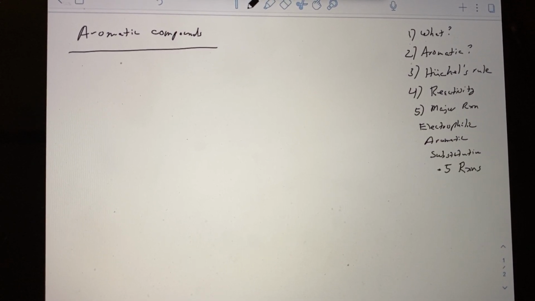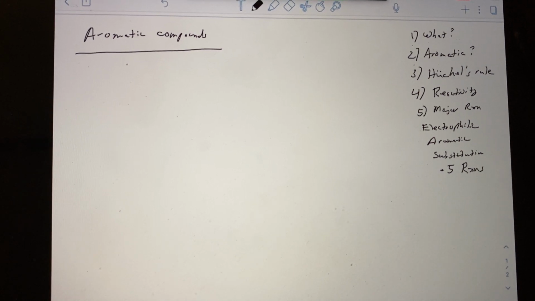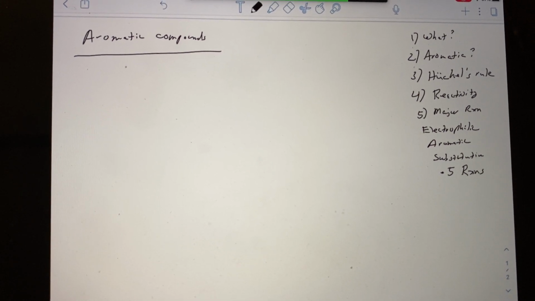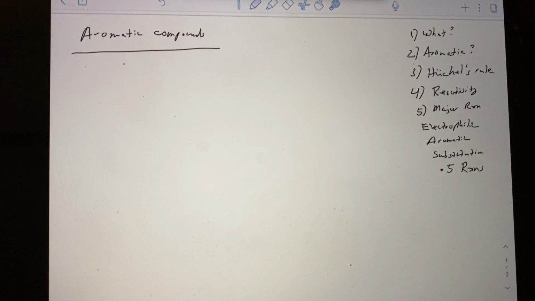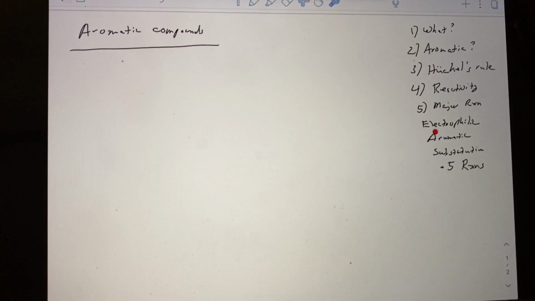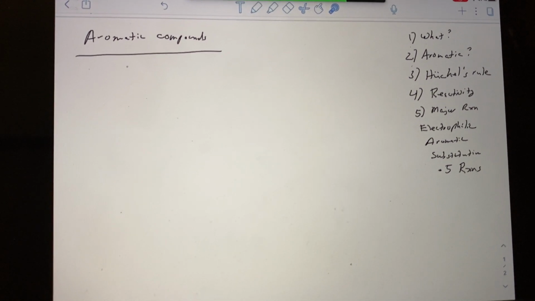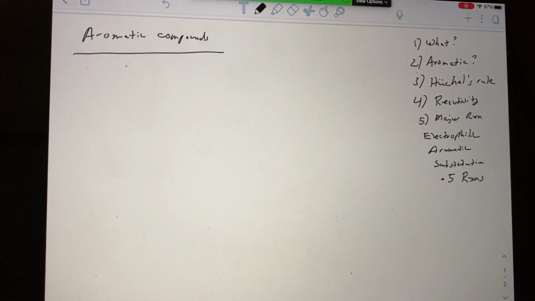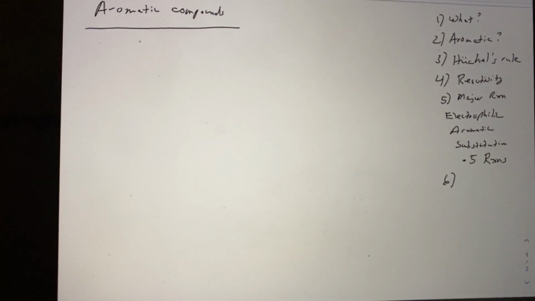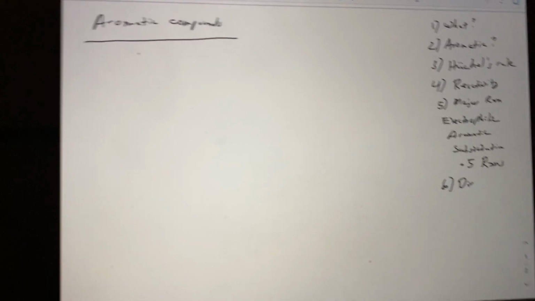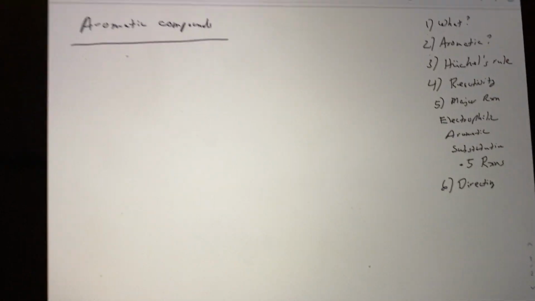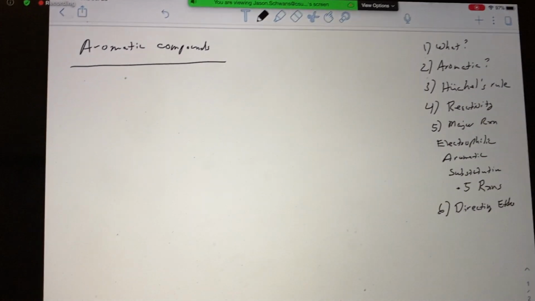The key thing to see is that it's 5 reactions that have essentially the same mechanism, but a different electrophile. We're going to use different electrophiles and substitute a hydrogen on the benzene ring as our example. Next week, we'll get into something known as directing effects. I just want to lay everything out here.